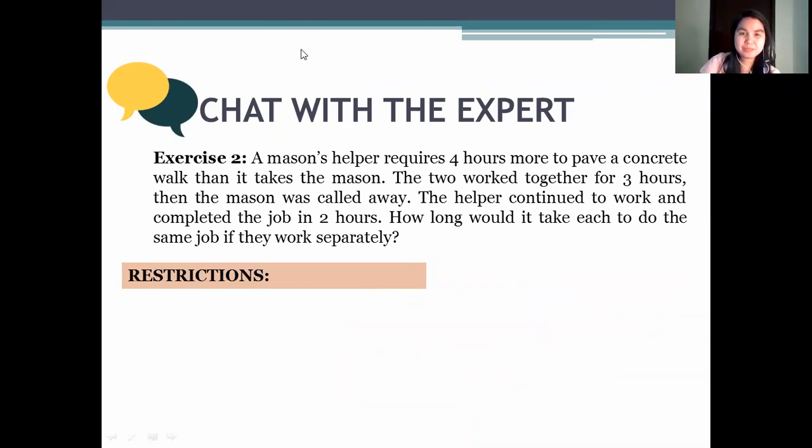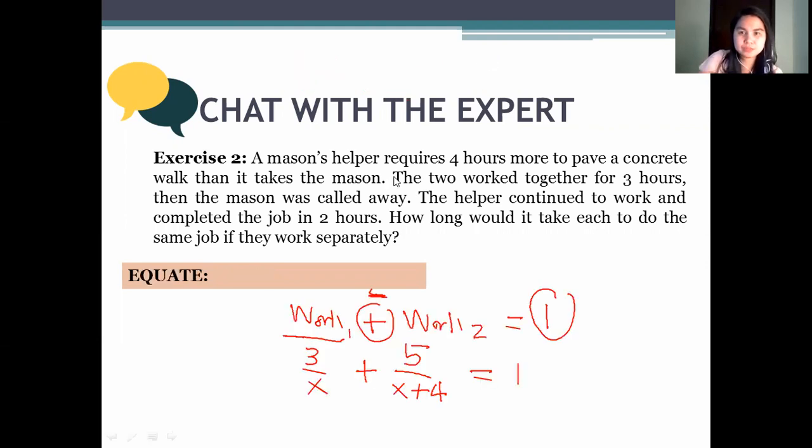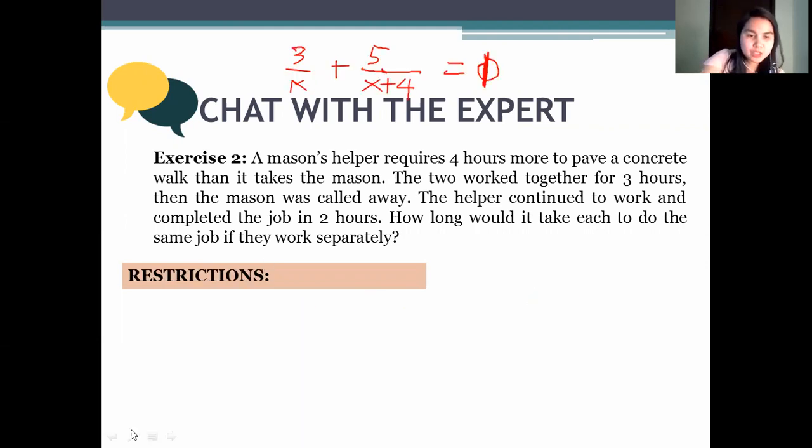Let's go to our restriction. Ready? We write the equation on top. The equation is 3 over x plus 5 over x plus 4 equals 1. Okay. Let's have our restrictions. Denominator, please.